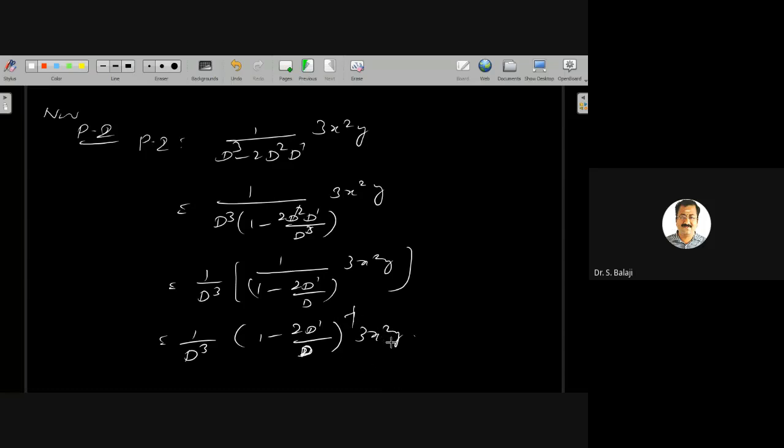Take it into the numerator, power minus 1. So it is like 1 minus x whole power minus 1.